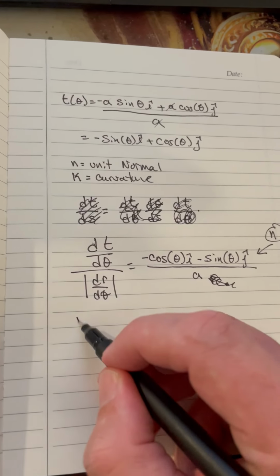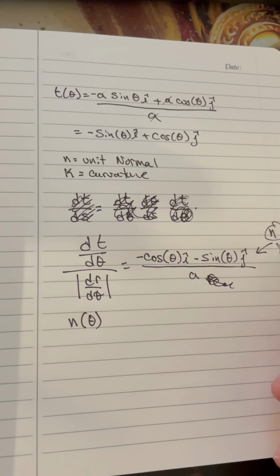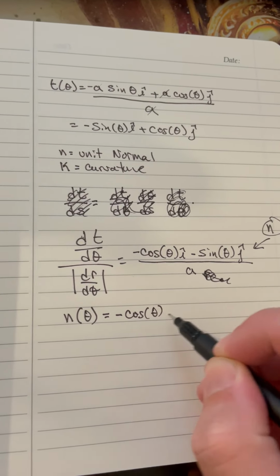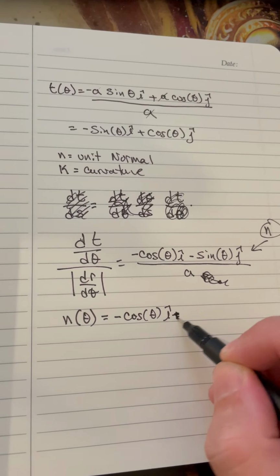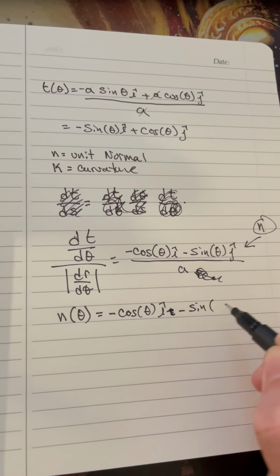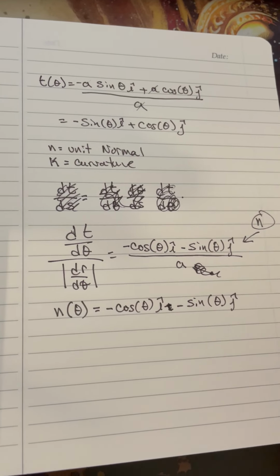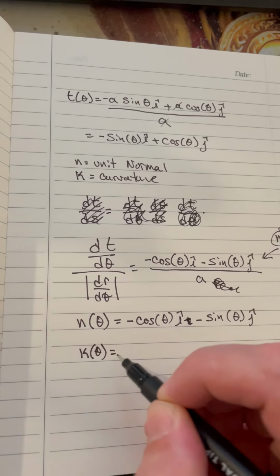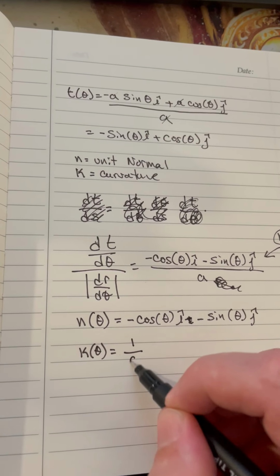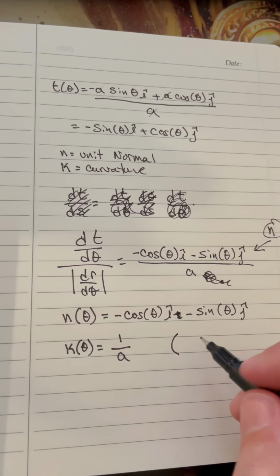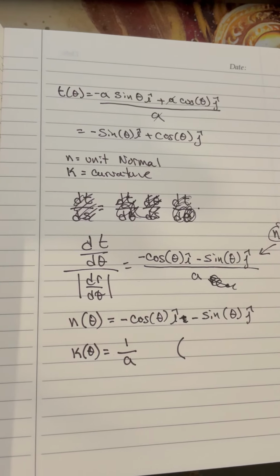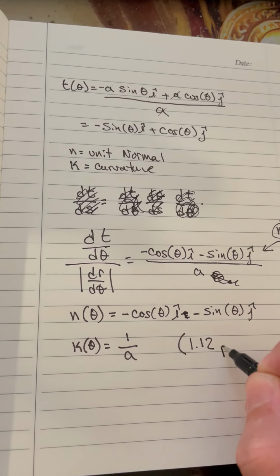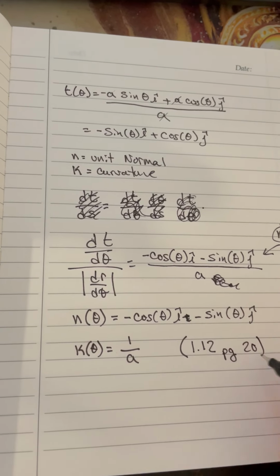So N of theta, this unit vector, is going to equal negative cosine theta i minus sine theta j. The kappa value is going to equal 1 over a, because in the book, let me find it here, it's equation 1.12 on page 20.